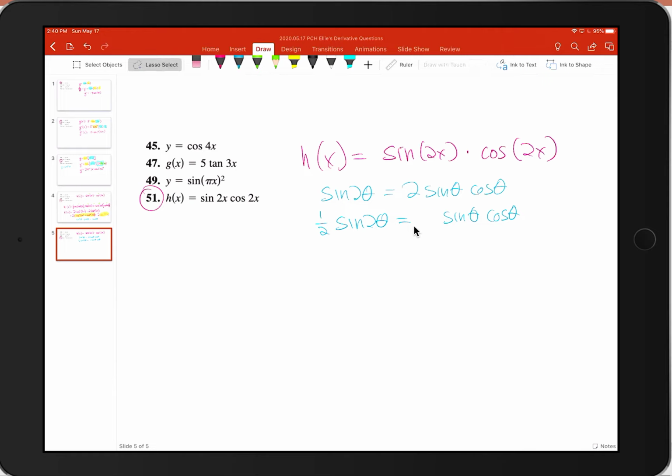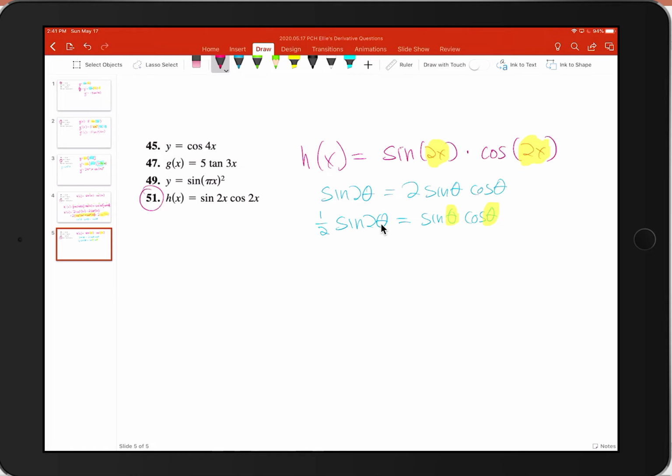My step there was, let me go back a second just to be really clear, guys. Sine 2 theta is 2 sine single theta cosine single theta. Dividing both sides of this by 2 gives me sine theta times cosine theta equal to 1/2 sine 2 theta. Because I noticed here that I had the sine of something times the cosine of the same thing. That's all you need to say we're really looking at 1/2 sine 2 theta.